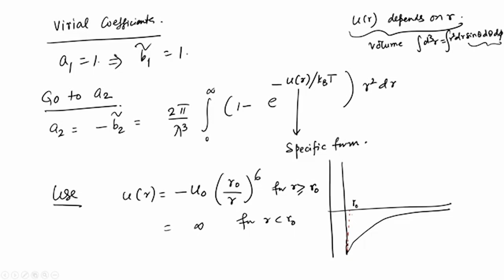Okay. So, that is your u of r versus r, and that is the form that we can use. Of course, one can use the Lennard-Jones form as well, but the integral becomes more complicated. It is easier if we use this, and let us see what the A2 comes out to.